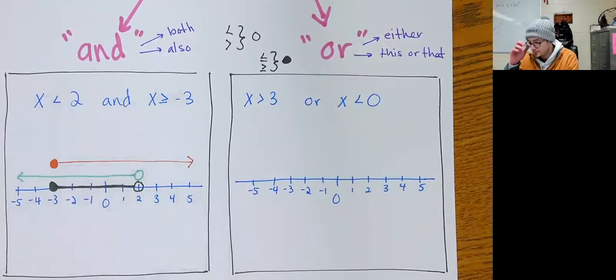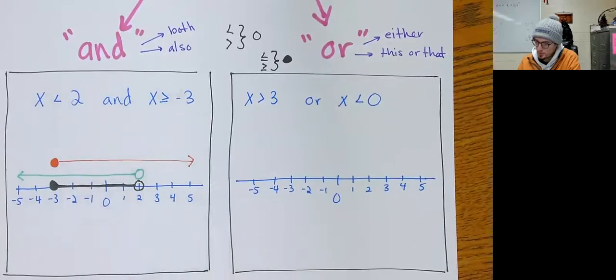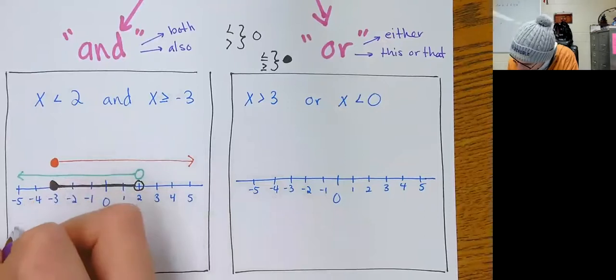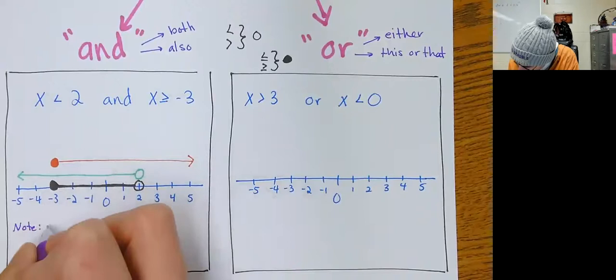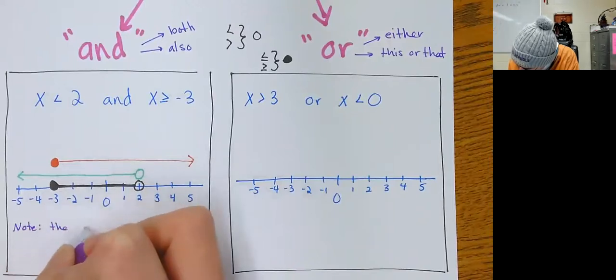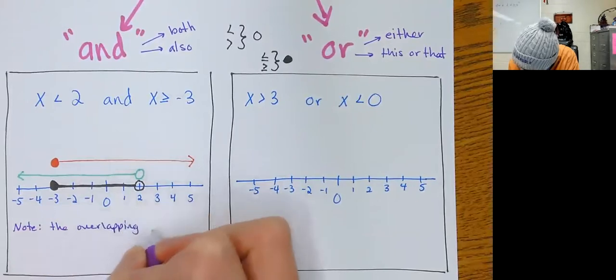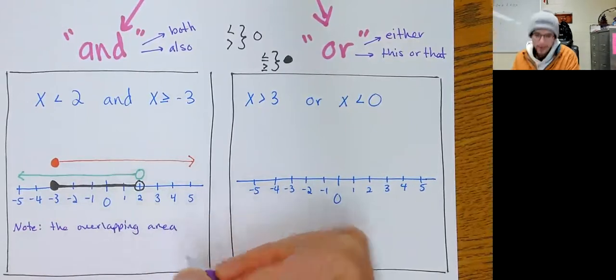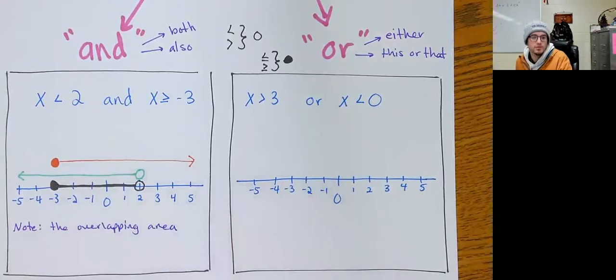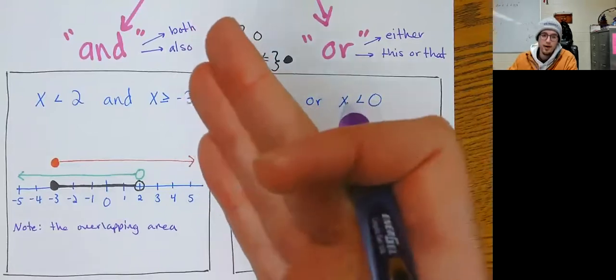I'm going to note that down here. The overlapping area is the area that you graph, the one that contains all the solutions to the compound inequality when we're talking about the word "and."